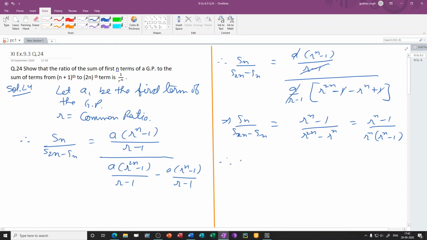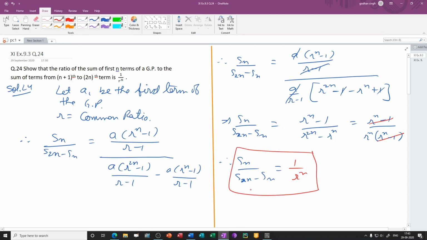Therefore, we can cancel this r raised to n minus 1 and this also r raised to n minus 1, both in the numerator and denominator, so they will cancel out, and remaining will be 1 by r raised to n. So this is our solution.